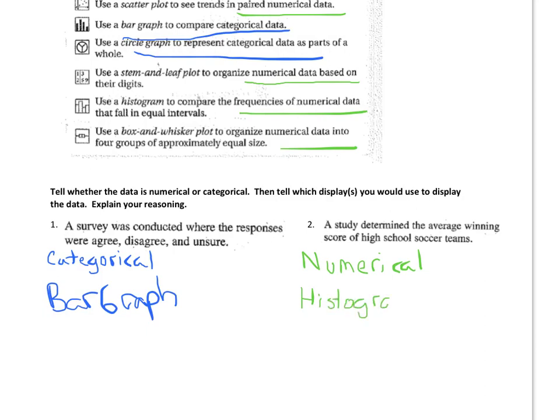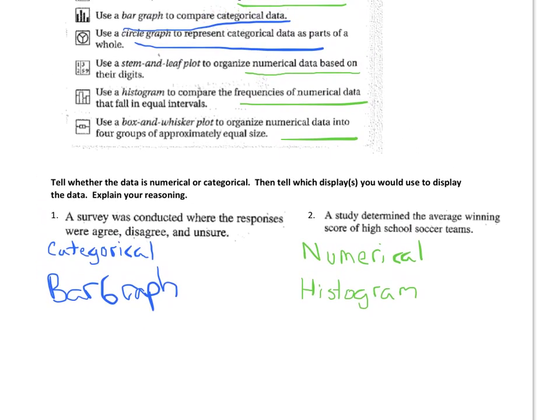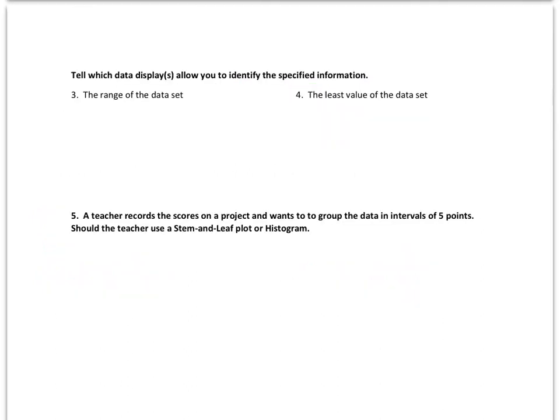Well, the histogram would tell you how many times one goal won, how many times two, how many times three. So you could actually focus on, okay, we need to get at least this to really think we're going to win. Okay? So hopefully, guys, this makes some sense, the difference between a category and a numerical value. Okay? So let's move on here.